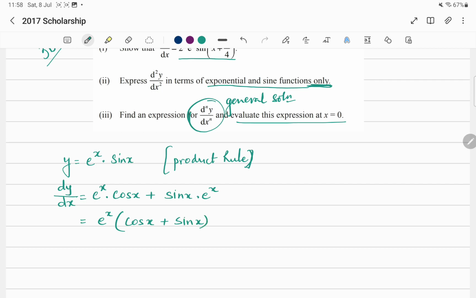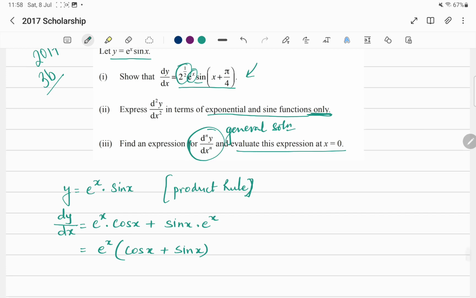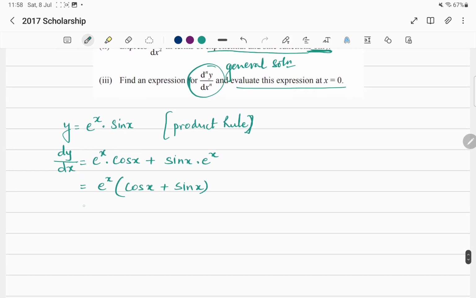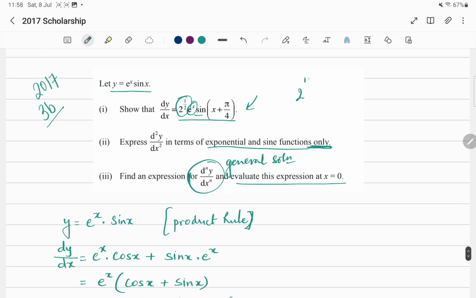Right, but this is not equal to what they're asking. What they're asking is e to the power x sine of a plus b, something with square root of 2. So let's multiply and divide by root 2, because 2 to the power of half is root 2.